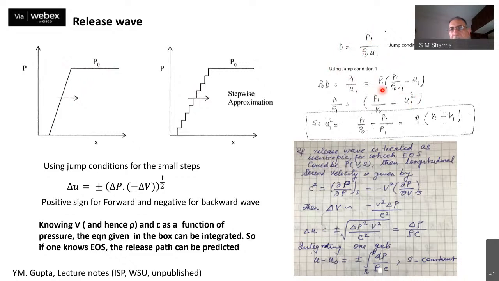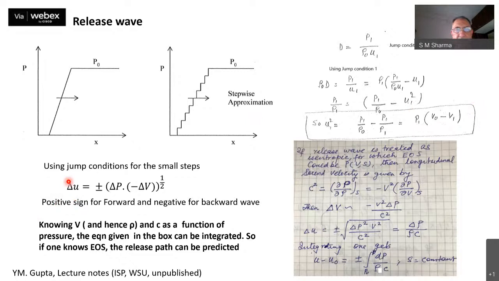So you can deduce from here the particle velocity in terms of pressure and the volume. Okay? So U1 square is equal to P1 times (V0 minus V1). You can use this equation.